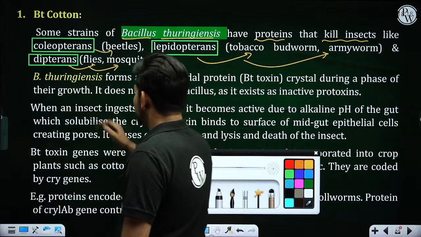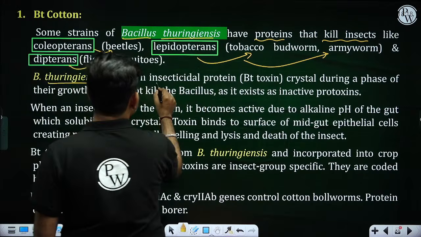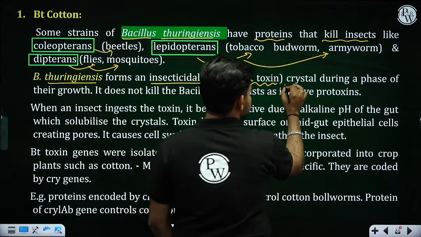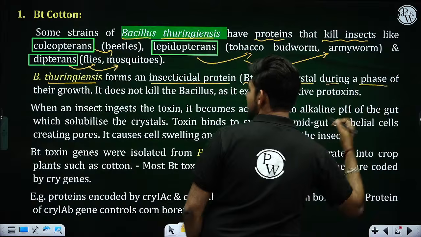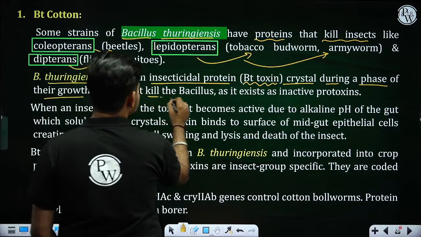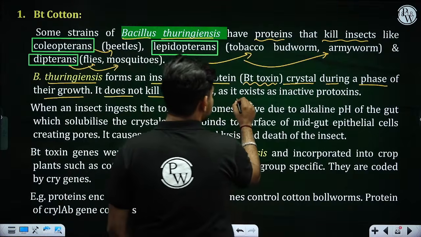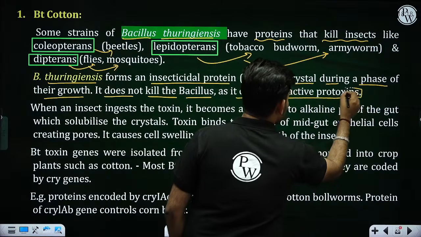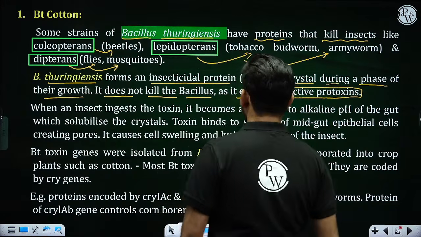Okay. So Bacillus thuringiensis forms an insecticidal protein called BT toxin, which is crystal during a phase of their growth, and it does not kill the bacillus as it exists as inactive protoxin. Okay.